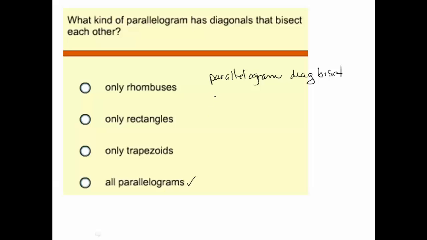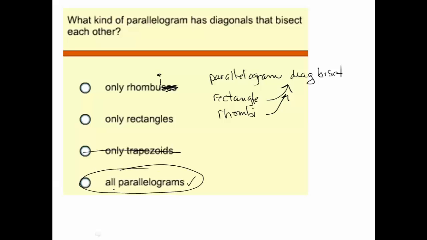Then we know that a rectangle shares the same property. And that's incorrect, that should say rhombi. Rhombi also have diagonals that bisect each other, but we know that trapezoids do not. So our best answer choice right here is going to be all parallelograms.